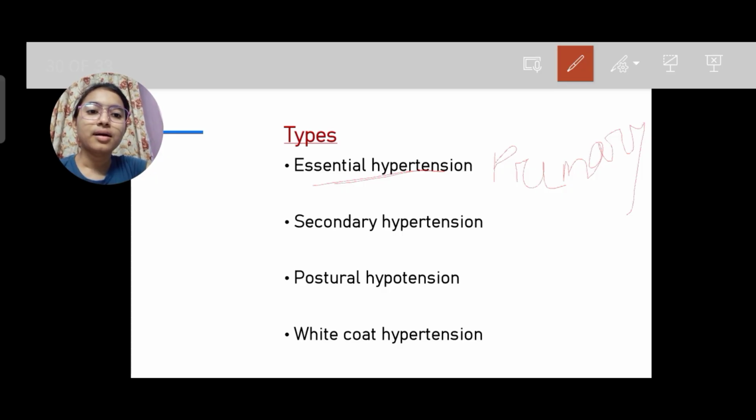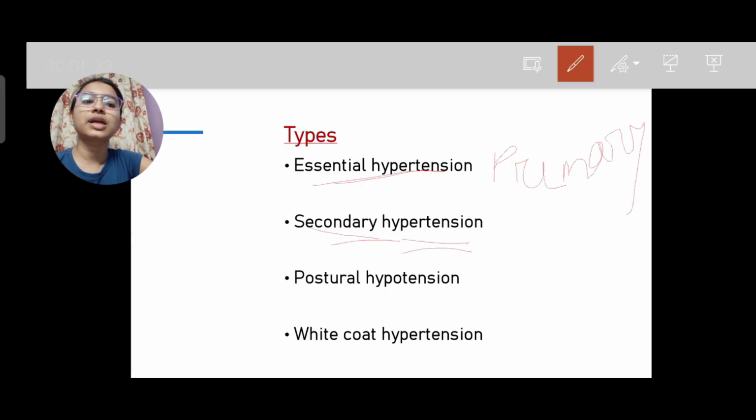Then the secondary hypertension occurs due to a medical cause like any type of renal disease, thyroid disorder, or an endocrine disorder like Cushing syndrome or pheochromocytoma. For this reason, if there is an increase in blood pressure, then it is secondary hypertension.